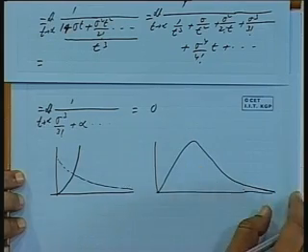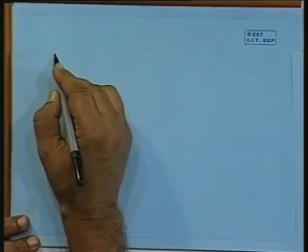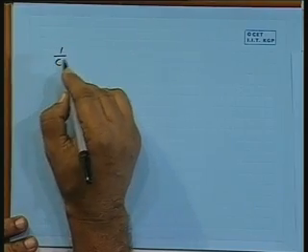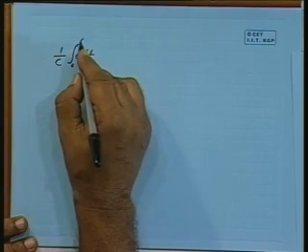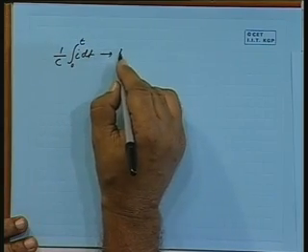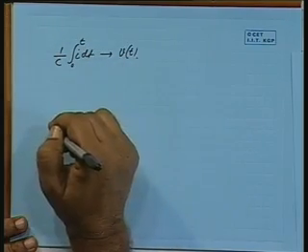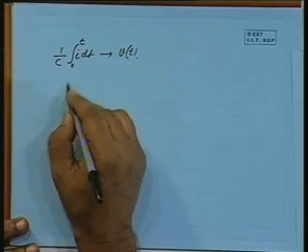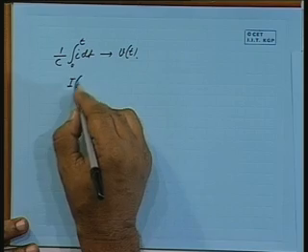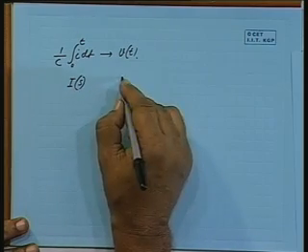If you have a current expression, for example, in a capacitor, 1 by c integral i dt from 0 to t is the voltage at any instant. If I have to take the Laplace transform of this, given the Laplace transform of i as Is, what will be Vs?